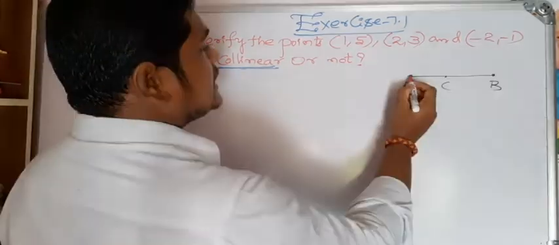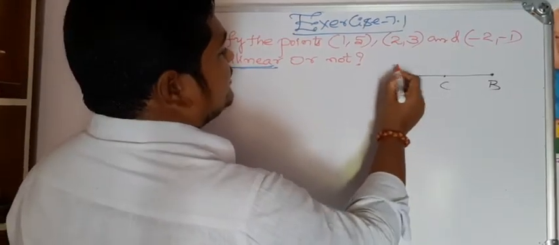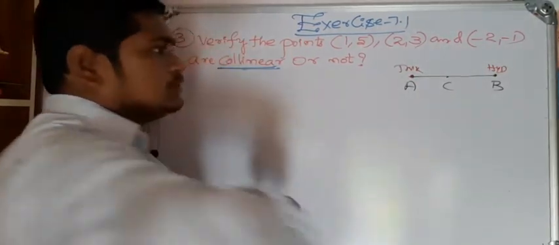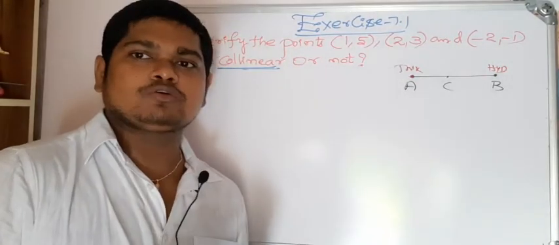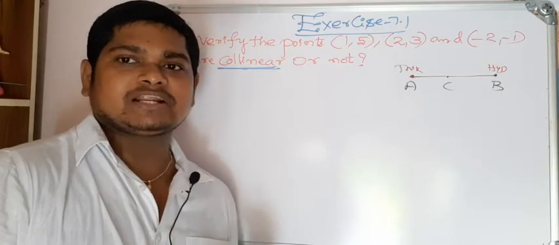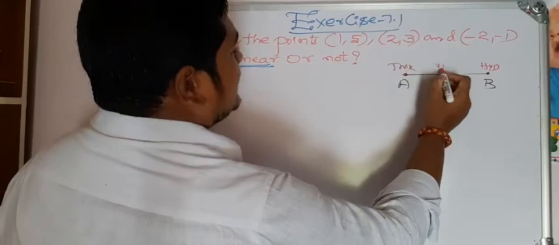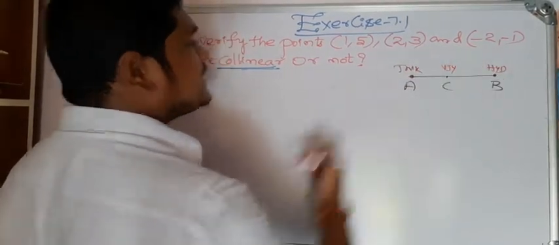Suppose we have to start from Tanuku and reach Hyderabad, but we have no direct bus. Then we have to break the journey. From Tanuku we reach Vijayawada and then Hyderabad.